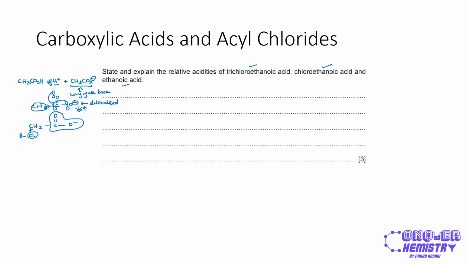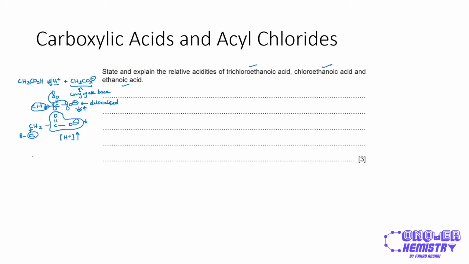And so this charge over here basically has a lower charge density, and so it is less attractive to the H+, and so its concentration remains high in aqueous solution, and so it has a higher acidity.